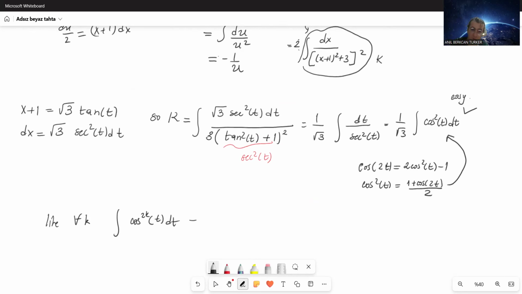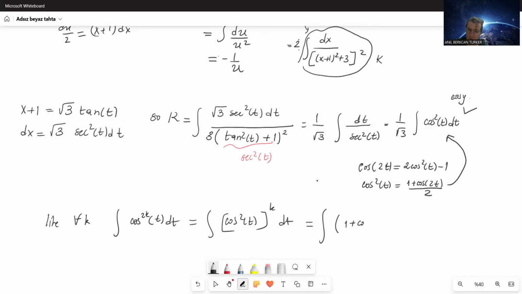Because I'm not sure, let me see. Cosine square t to the kth power dt. Instead of this, I'm just going to write, yes, solvable. You will understand, not right now.